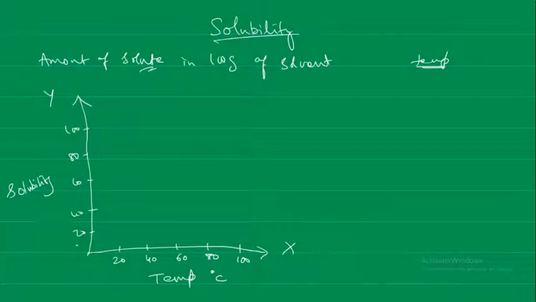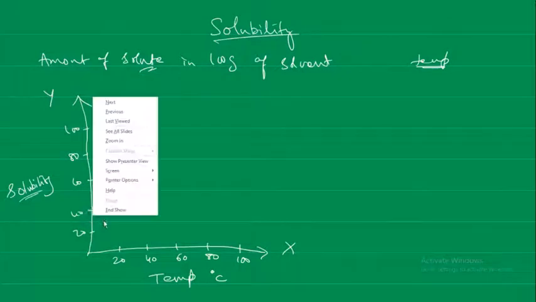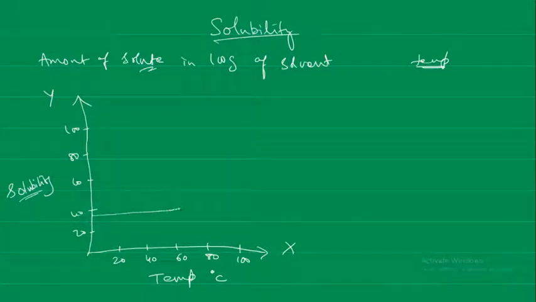Now we will compare this solubility curve. What is the solubility curve? We are comparing the solubility of the given solute with respect to temperature. Suppose we take sodium chloride. So this is around 40 grams of sodium chloride that will dissolve, and the curve almost goes parallel, not much change from say 0 degree to 100 degree.